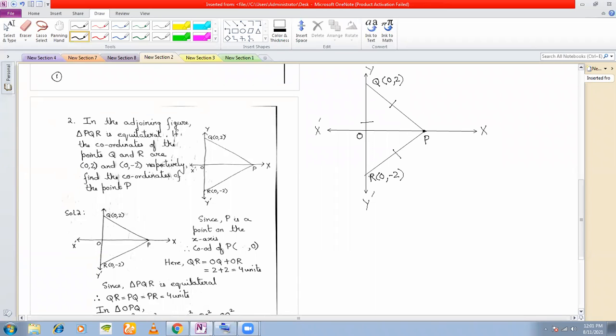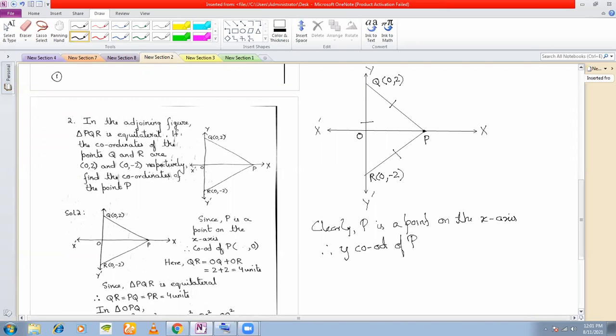Okay, so how will you find out the coordinates of P? Can you tell me what should be the y coordinate of P? Clearly, P is a point on the x-axis, right? Therefore, y coordinate of P, y coordinate is also called what? Can anyone tell me what is y coordinate called?